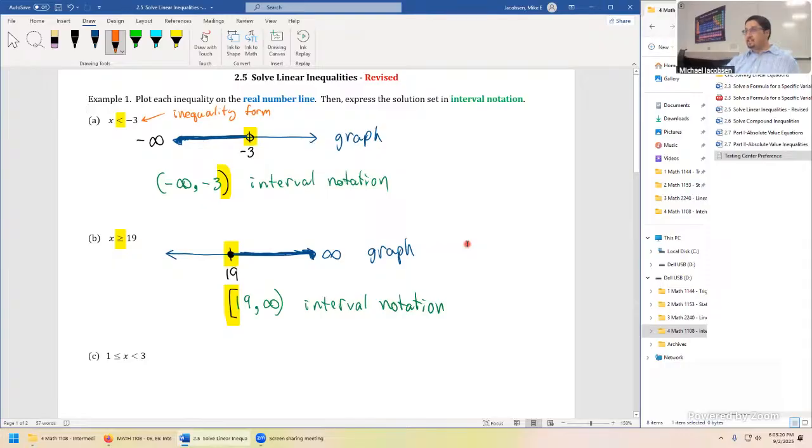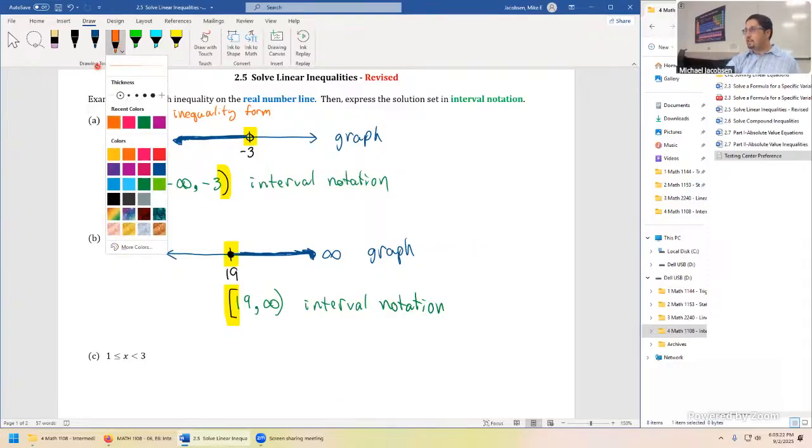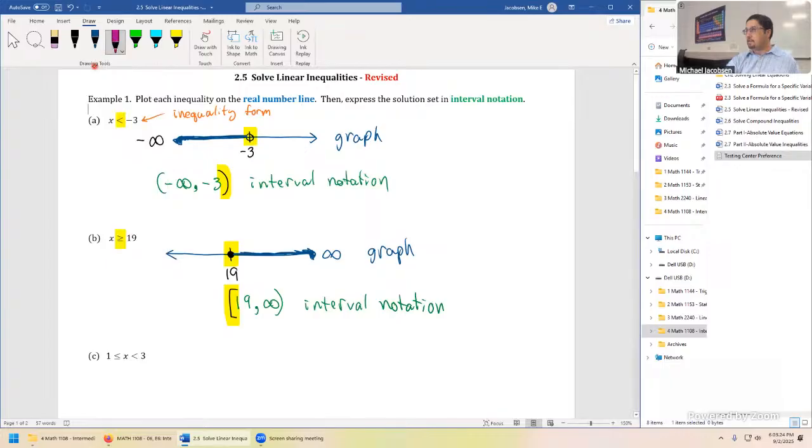Well, other big idea is watch how these symbols track. If we say less than, that means we're not including -3 as an answer. So we remove it from the graph with the open circle, and we remove it from the interval notation with the parenthesis. Now, keep that thought in mind.